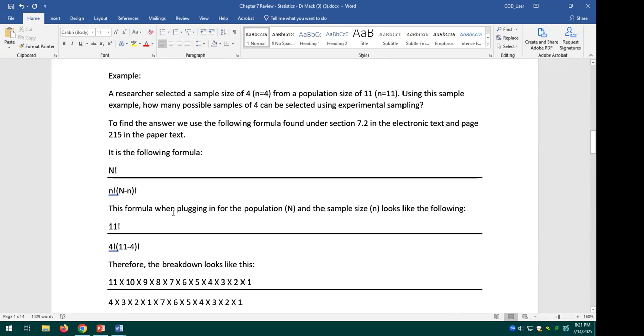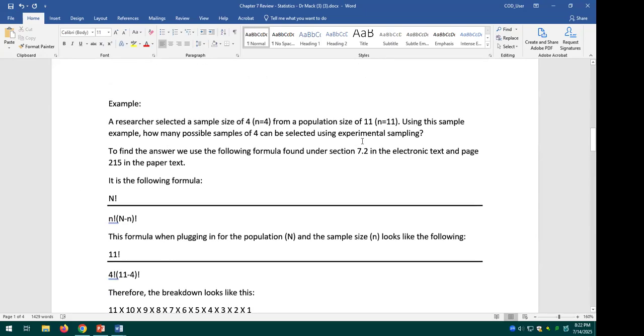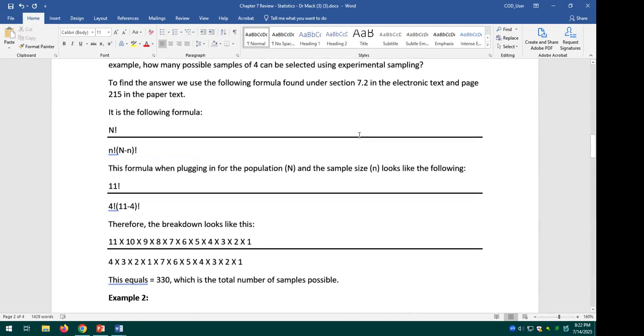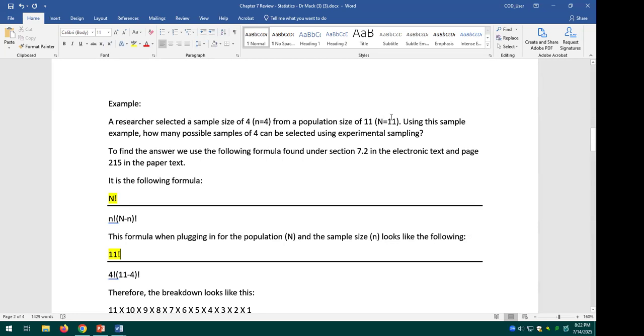The formula when plugging in the population and the sample size is the following: 11, because we had a population, so this should actually be a capital N. That would make more sense for everybody. Okay, so this right here is this right here, and we got it from that for the formula.